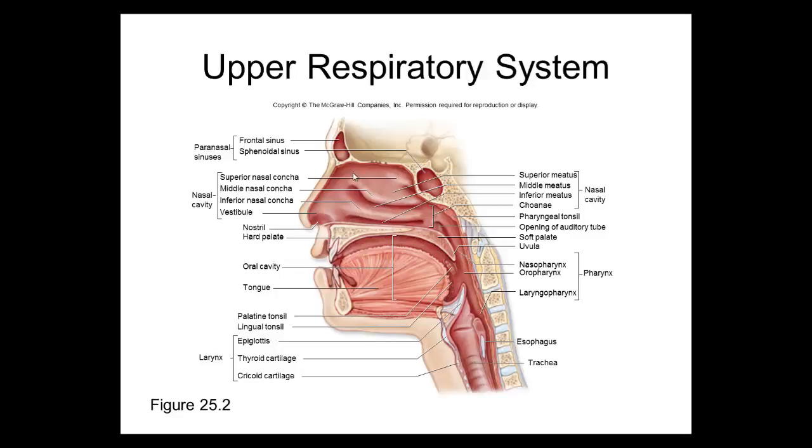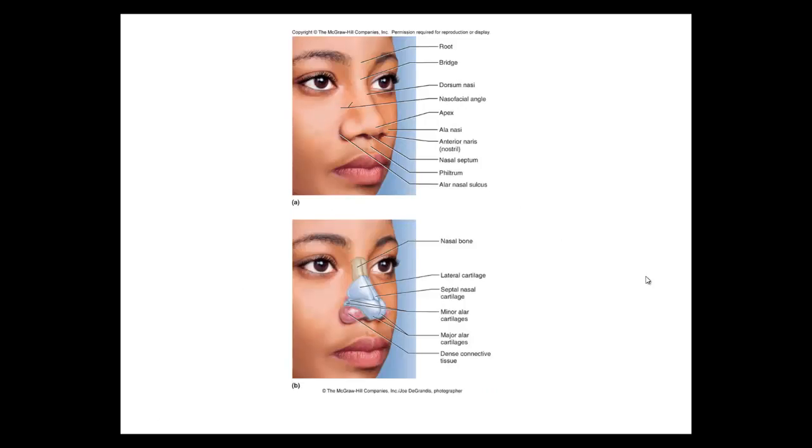Okay, so all the way towards the end, after the choana, it will be the nasopharynx, and the nasopharynx will continue down into the oropharynx and then the laryngopharynx, and from there to the larynx, and we're going to see that together. So we're going to start first with the nose.